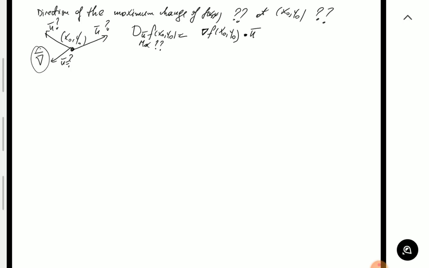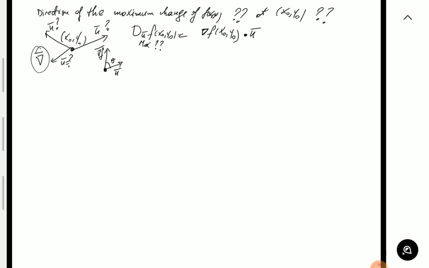Now, remember that there is a formula which relates the cosine of the angle between two vectors and the dot product between the vectors. So these two vectors, if they form an angle, right? So let's say the vector u is here and the gradient is here at that point. If you bring the gradient in component form, they emanate from the origin.